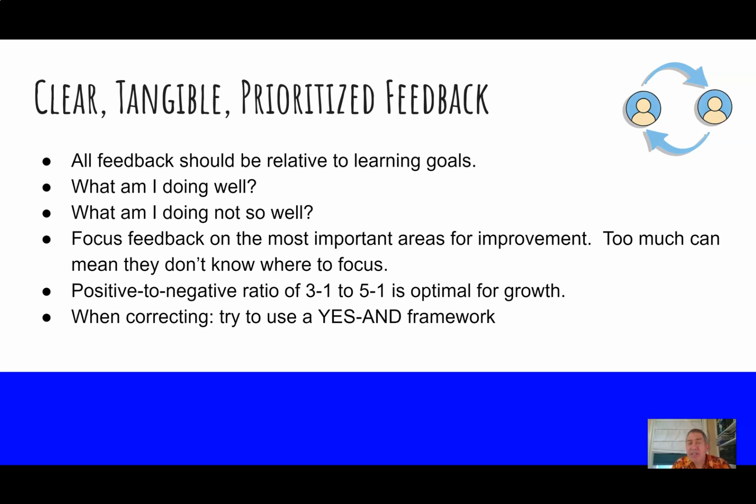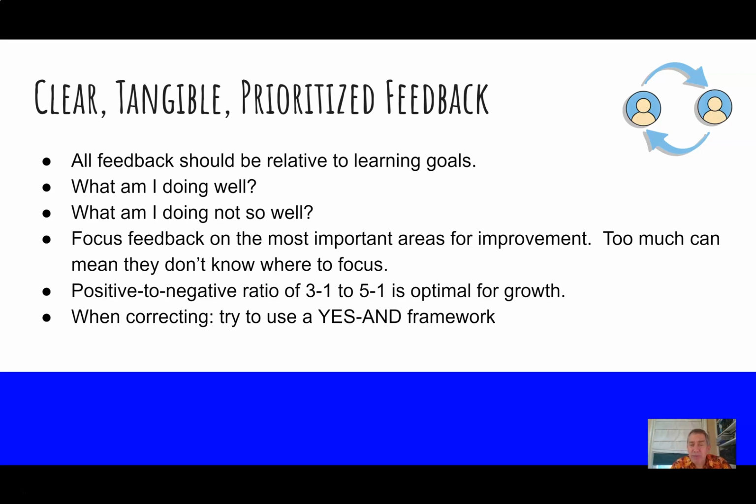And the positive to negative ratio there should be about 3-to-1 or 5-to-1, much more positive than negative. I think back myself to when we do course evaluations, and if I get 1 or 2 negative ones out of a group of 12, I'm focusing on those 1 or 2 negative ones instead of the positive ones. So it's important to have a good, solid positive to negative relationship in that feedback loop.